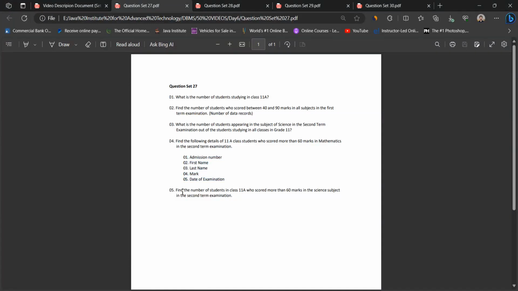So the 5th question, find the number of students in class 11A who scored more than 60 marks in the science subject in the second term examination.